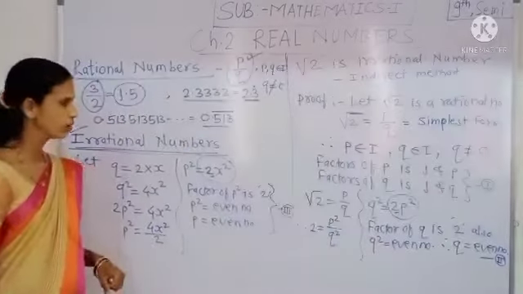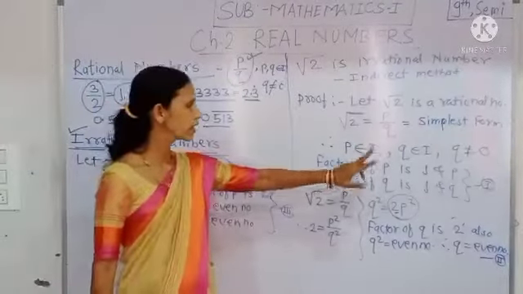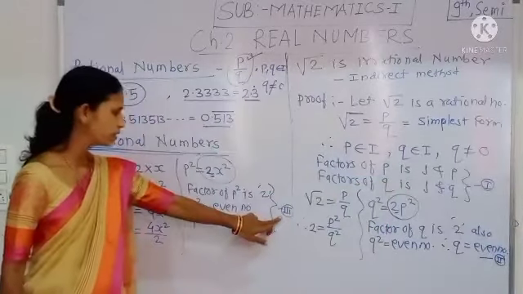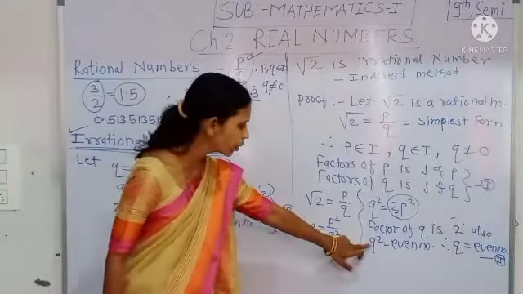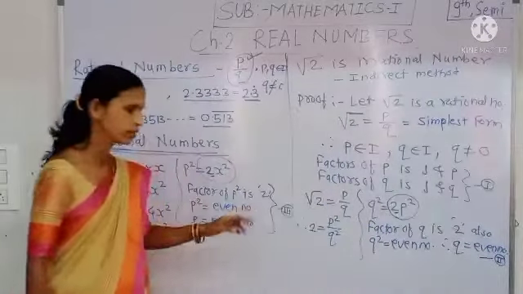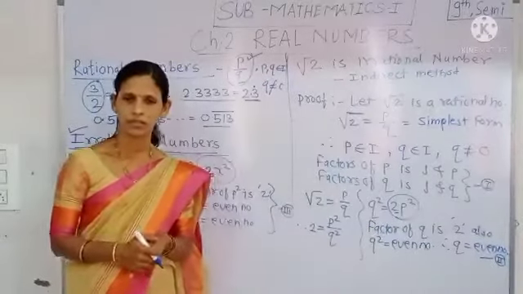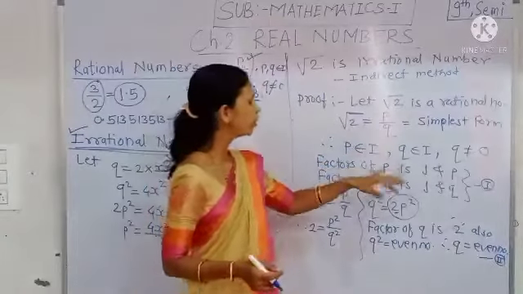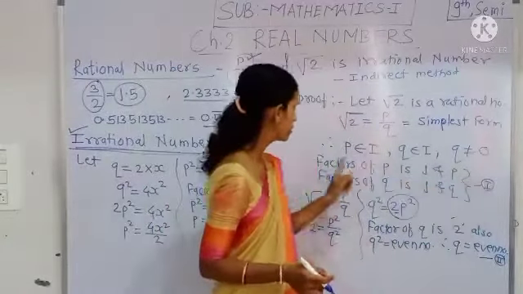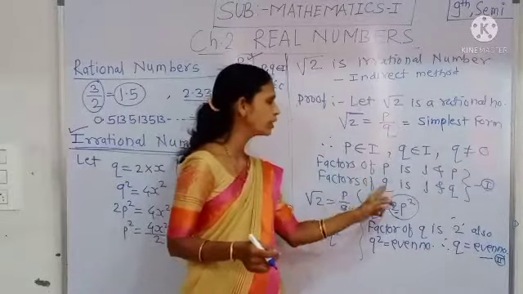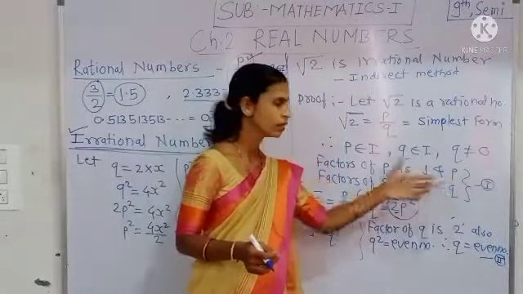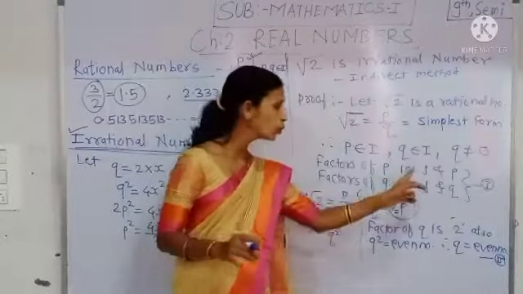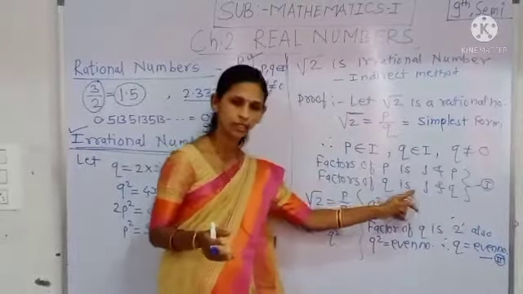Then see here, from statement 1, statement 2 and statement 3, P and Q both are even numbers. But in statement 1, the only common factor of P and Q is 1. Here the factor of P and Q is not 2, isn't it?